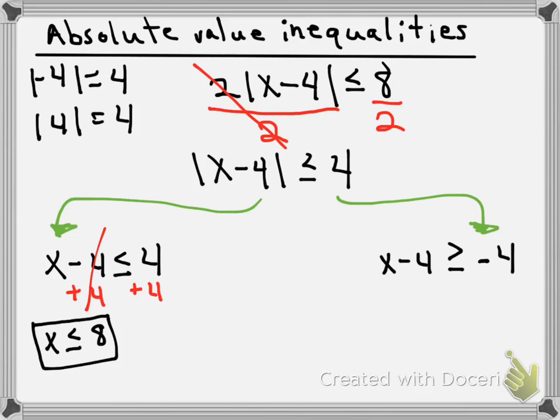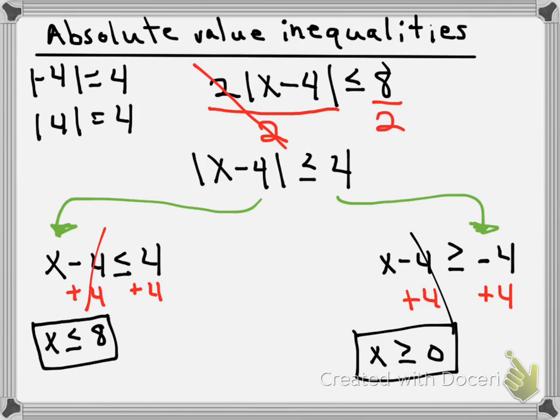We do get one more answer. The other answer, we're doing the same operation, adding 4 to each side, but because our answer was a -4, it's going to be a different value now. We end up with x is more than or equal to 0, because the -4 and the +4 canceled out. So that's how you would do absolute value inequalities.